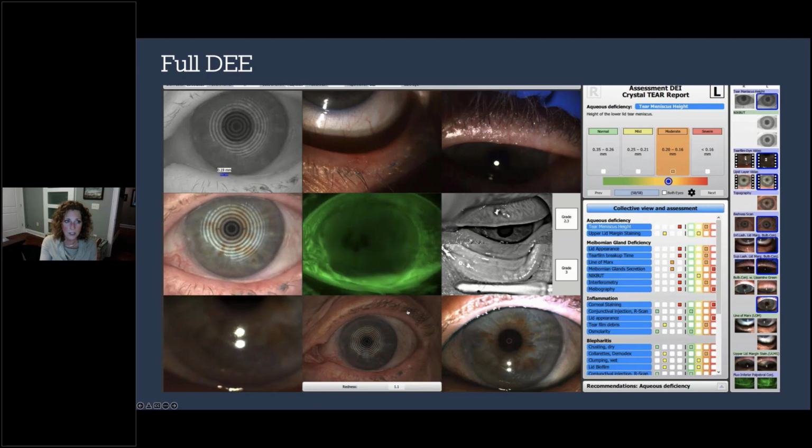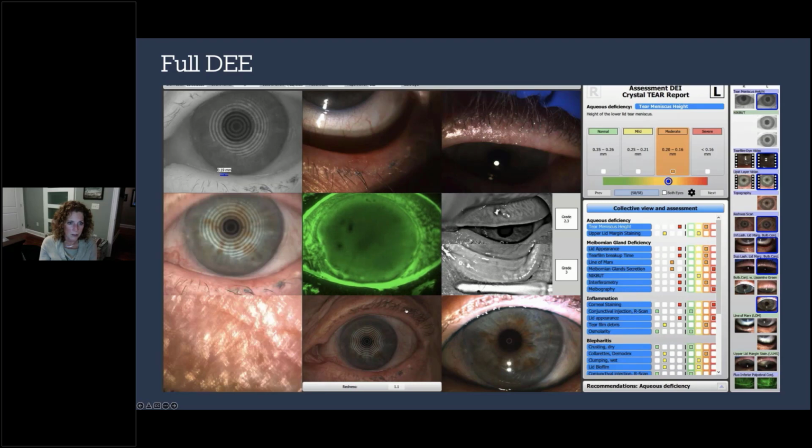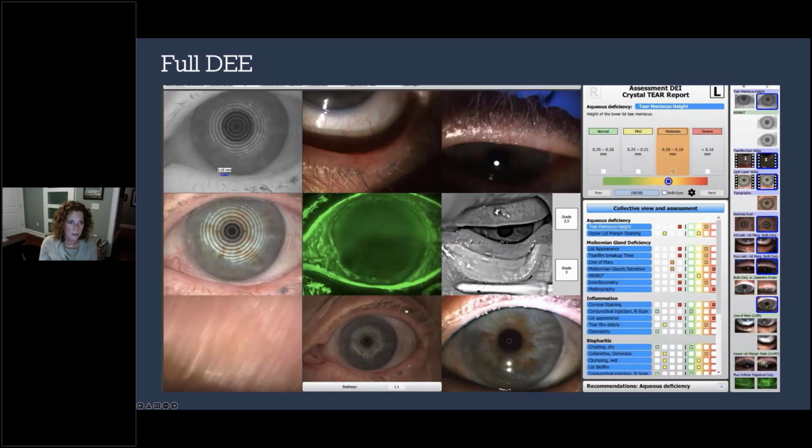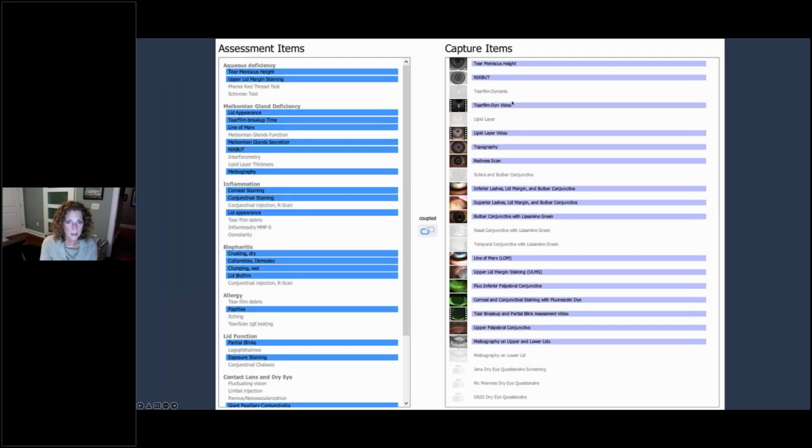If I want to do something quicker, then I do the mini dry eye eval. So going back one, sorry, this is my full dry eye eval. Tear meniscus, NIKBUT, tear film dynamics, lipid layer video, topography, etc. The only ones that aren't in that collage that I still take are the NIKBUT and the topography.